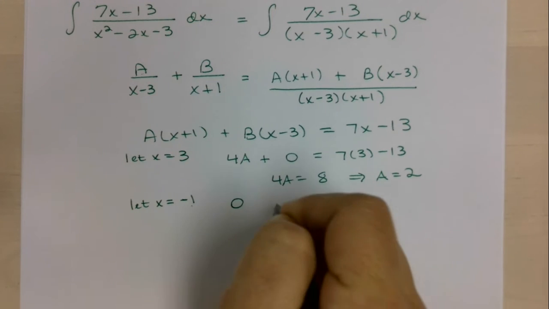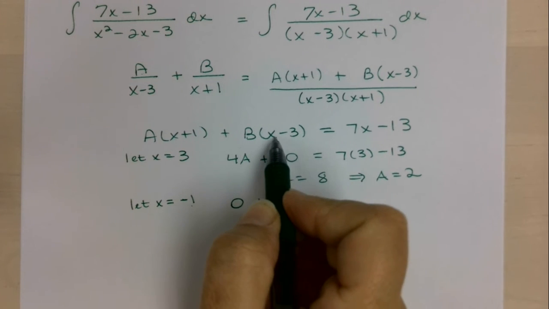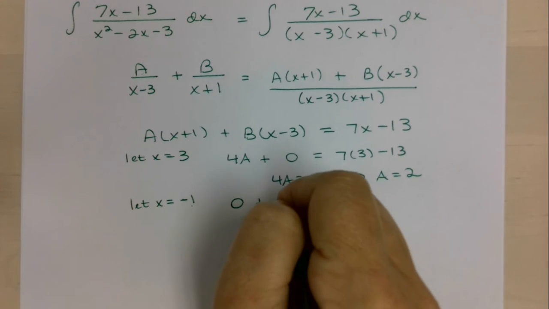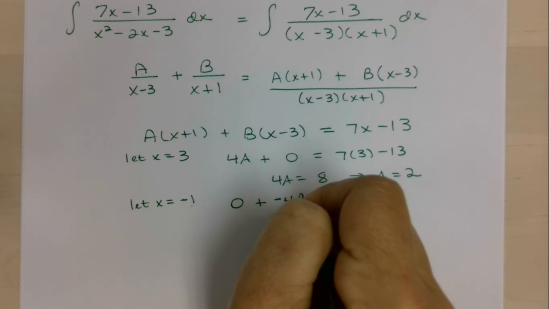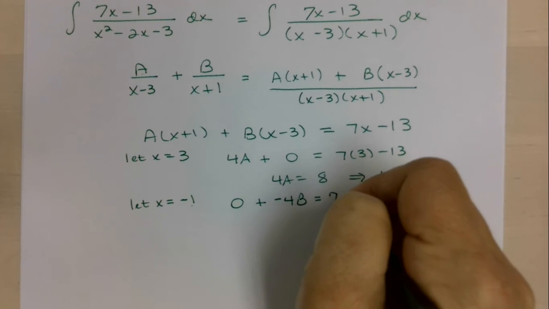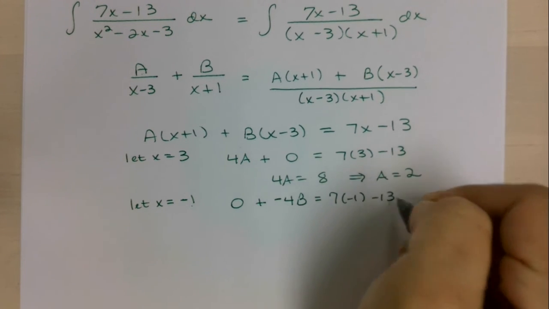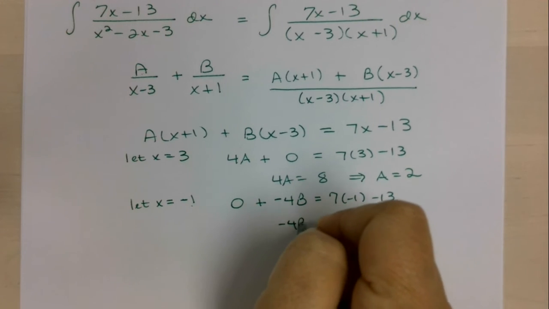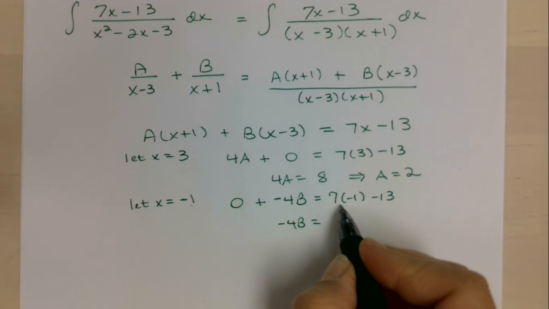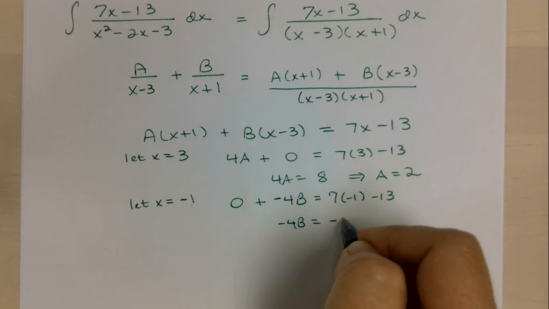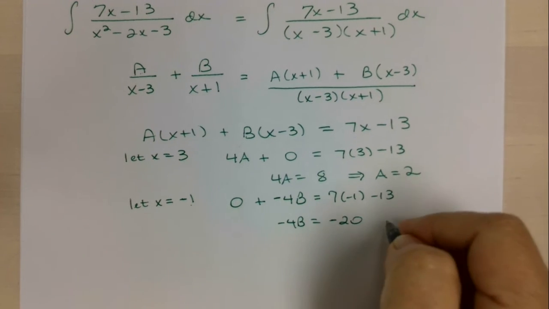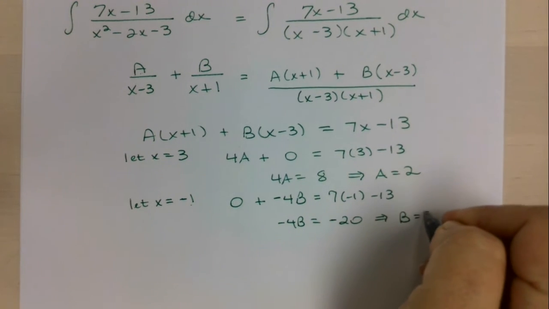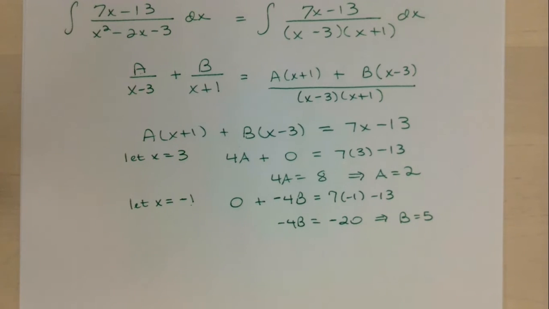So my first term becomes 0 plus negative 1 minus 3, that would be negative 4B. And that's going to be equal to 7 times negative 1 minus 13. So negative 4B equals negative 7 minus 13, which would be negative 20. And that means B would be equal to 5.